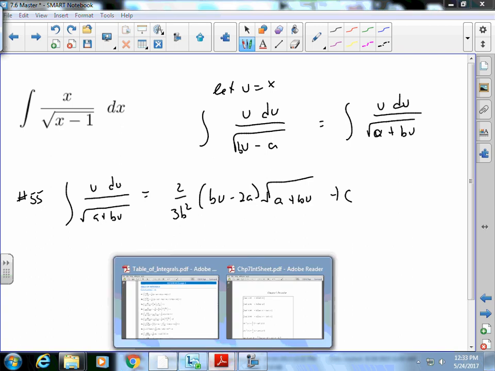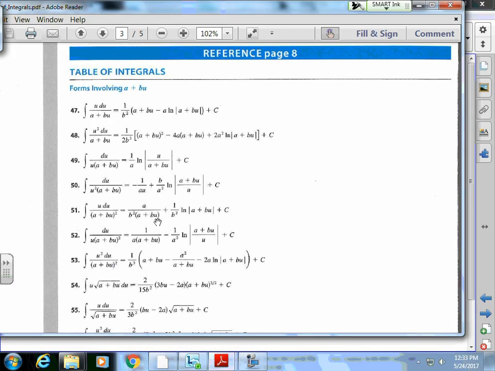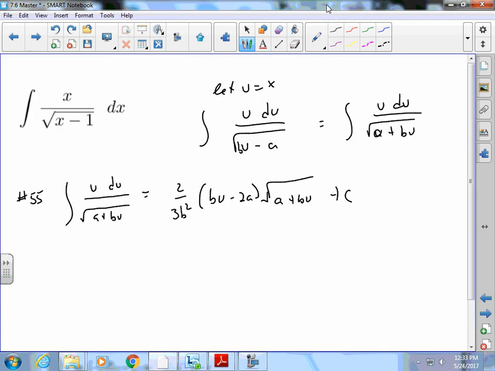Just to double check, 55: 2 over 3b squared times bu minus 2a, square root of a plus bu plus c, and we're in the form of a plus bu. So in that form, I have all the parts I need, so I'm going to fill it out.